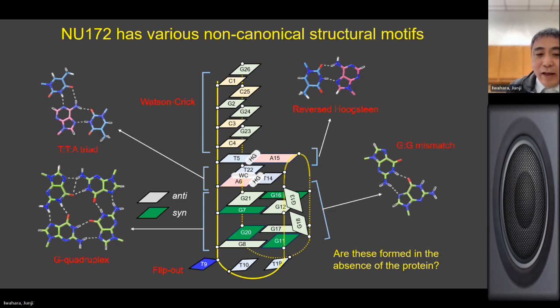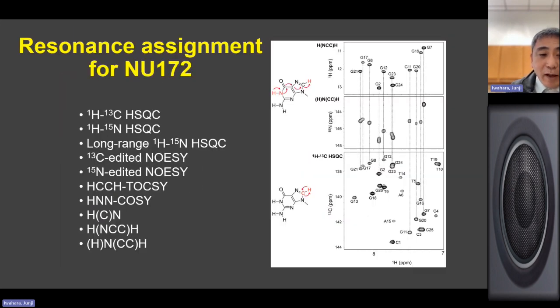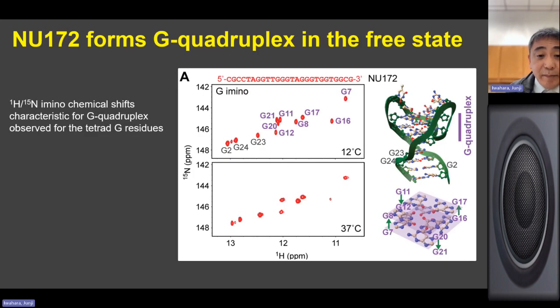Okay, we did many NMR experiments, double resonance or triple resonance experiments, to assign NMR signals from NU172, and we found that this aptamer can form G-quadruplex even in the free state.